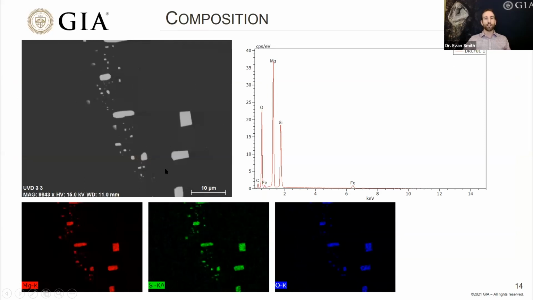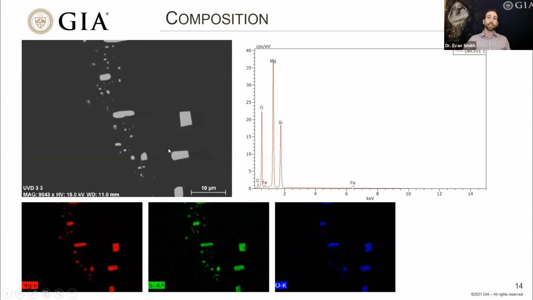So this is zoomed way in. The scale bar here is 10 microns, so the width of this image is smaller than the width of a human hair. The dark gray background is the diamond itself, and this lighter gray material, these are the inclusions. So there are many little inclusions exposed here.